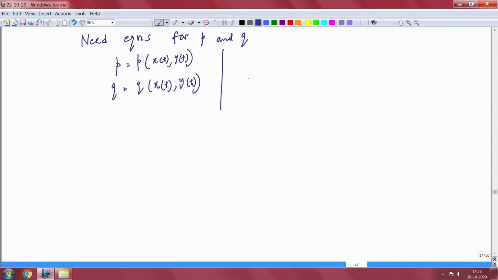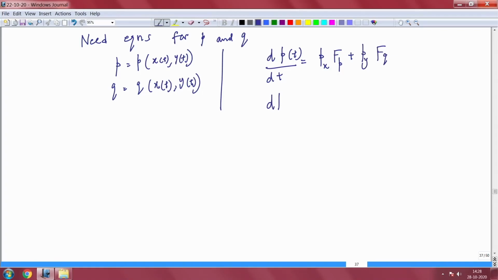So, if you differentiate, you get two more equations. dp by dt is equal to p_x into dx by dt, that dx by dt is equal to f_p, plus p_y into f_q.